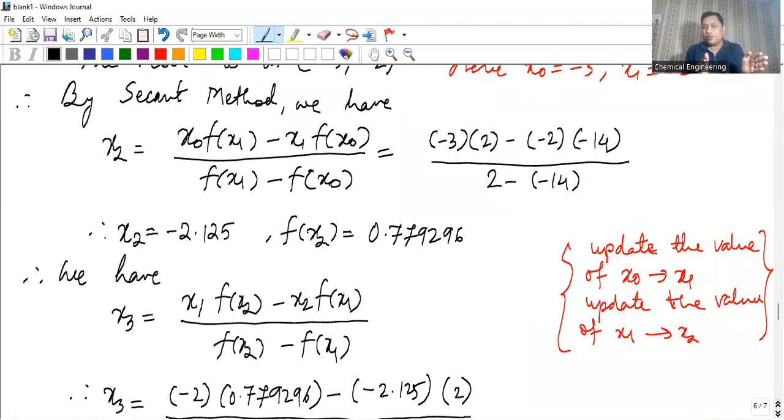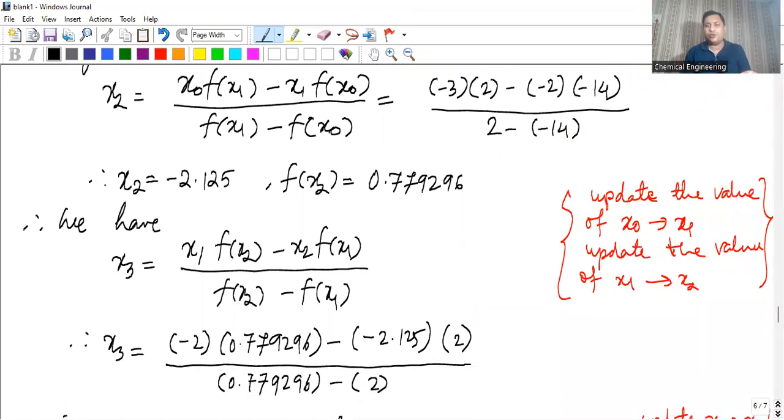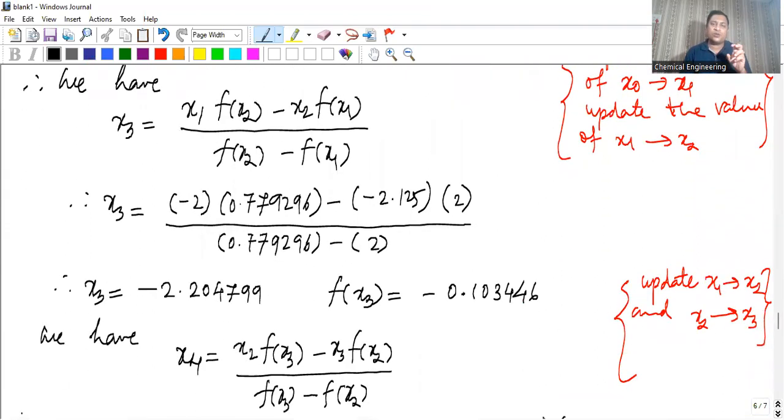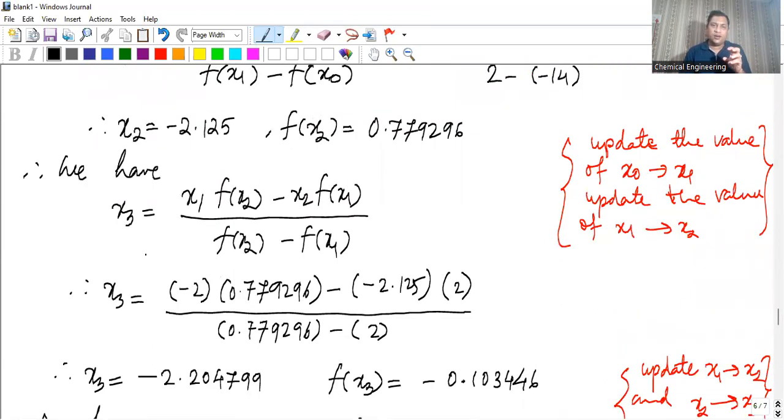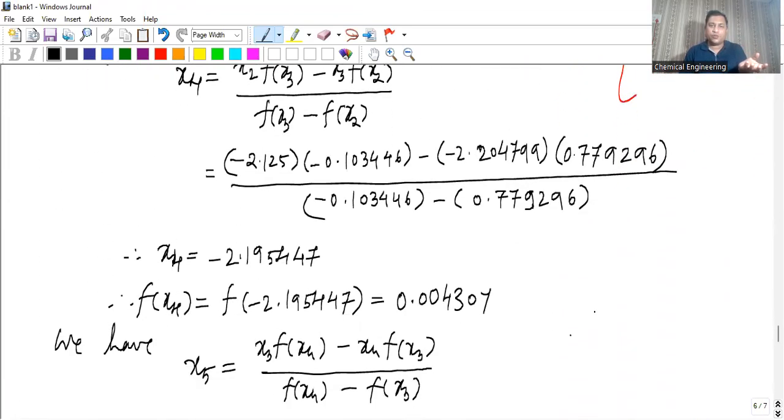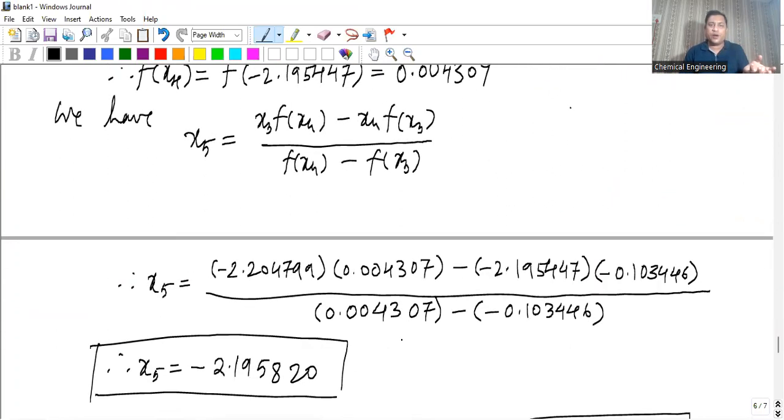So the value oscillates between positive and negative and then finally settles, moving closer and closer to 0 from both ends. For x2 it was positive, for x3 negative, for x4 again positive, and for x5, which we have not calculated, it will be even closer to 0. This is the difference between the other methods and the secant method.